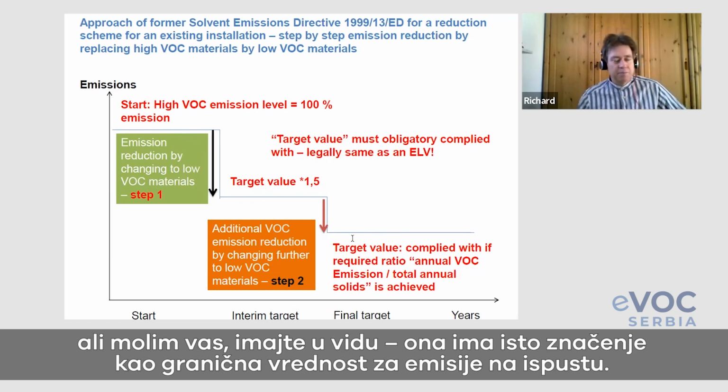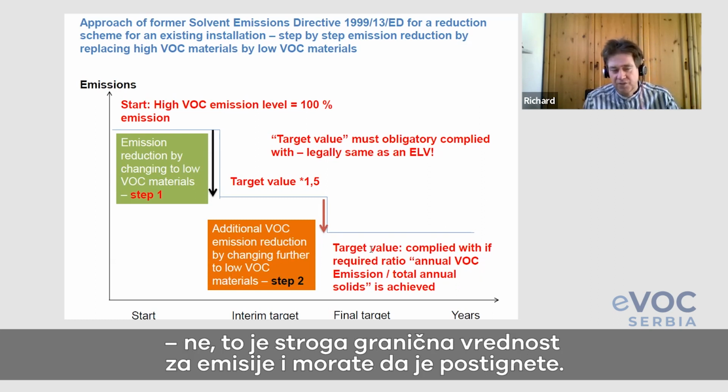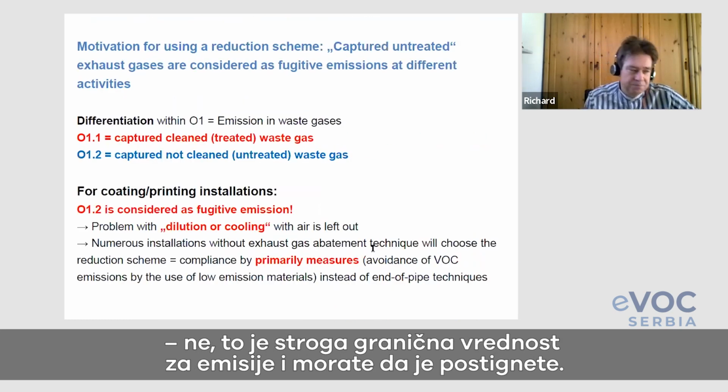But please keep in mind that value target is emission limit. It has the same meaning like the emission limit value for the stack emissions. So don't be confused. It is not a value that you maybe can achieve or not, and it would have no consequences if you wouldn't achieve. No, that is a strict emission limit, and of course you must get it.